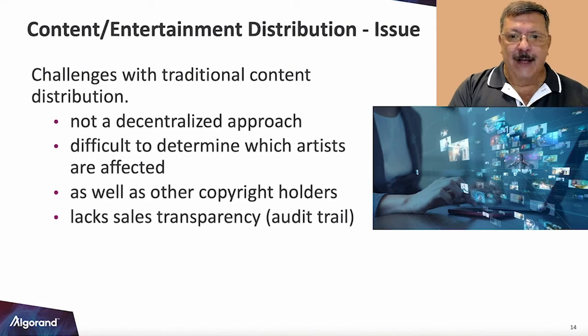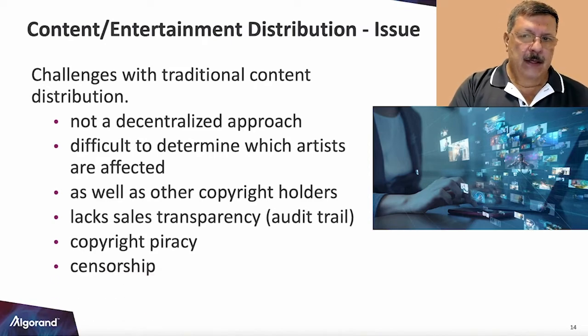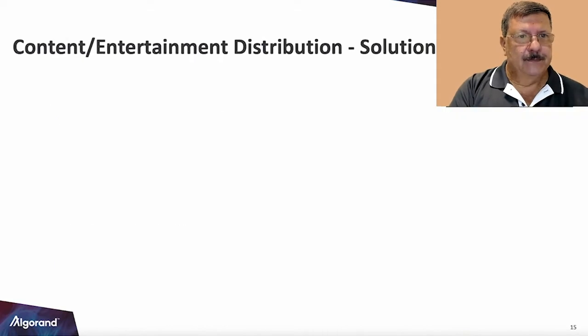So lack of sales transparency, also an audit trail. And it is about copyright piracy. So these are all issues, right, that we have today around content distribution, as well as censorship perhaps.